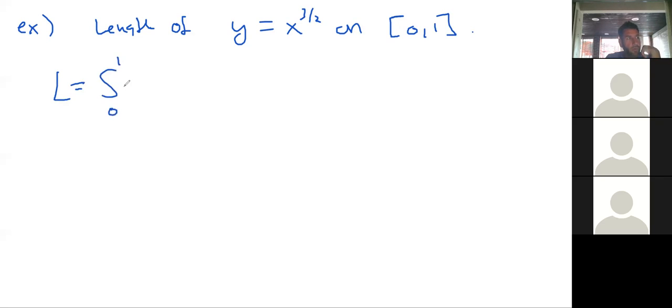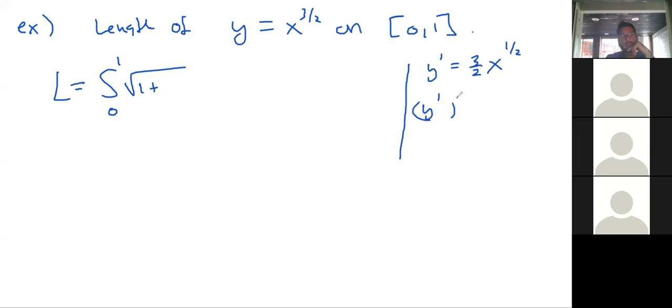Here we're going to go from 0 to 1 of the square root of 1 plus the derivative squared. So what's the derivative squared? Well, the derivative is 3/2 x to the 1/2. And so if I square that, I get 9/4 x. So this is the integral that I must evaluate.